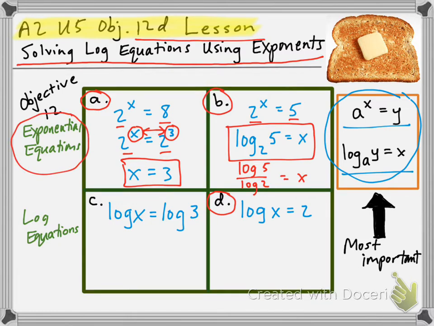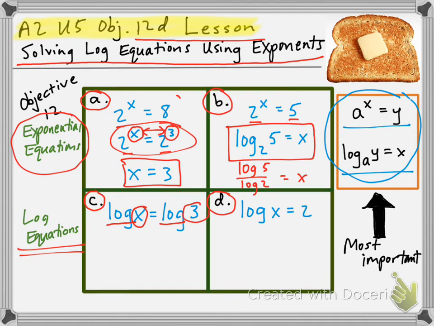And then last week we came to Objective 12C. In 12C we started solving log equations. Now in Objective 12C, when we solved log equations, we noticed that every single term in the entire equation had a log in it, and all the logs had the same base. So once you get one log on the left side, one log on the right side, then just like the box right above it, when the bases are the same, you equate the exponents for exponential equations.